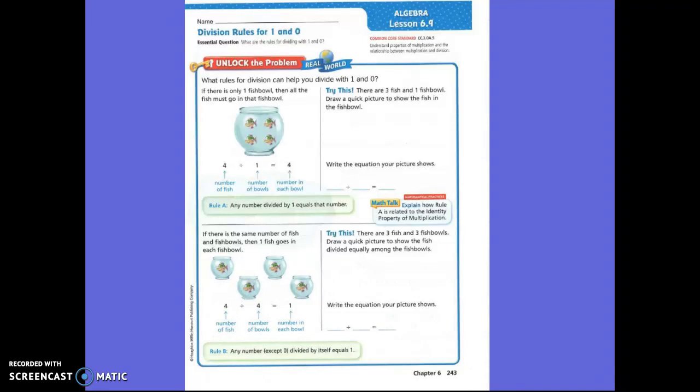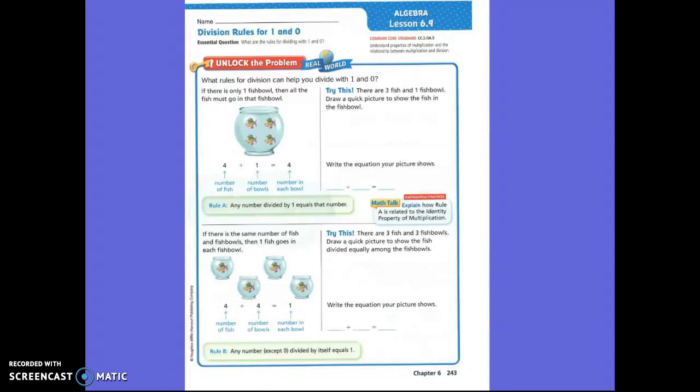How many fish have to be inside that fishbowl? 4. So anything divided by 1 is going to be the other number. Just like multiplication.